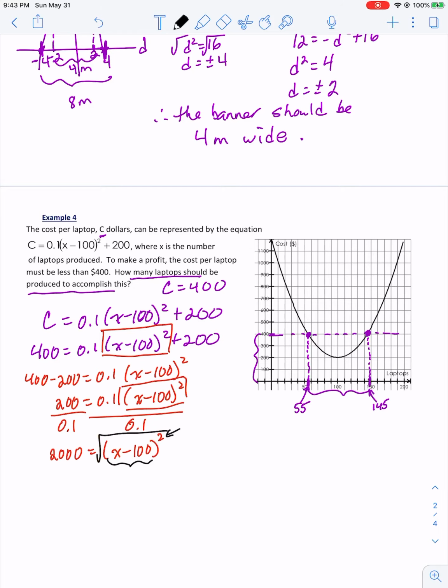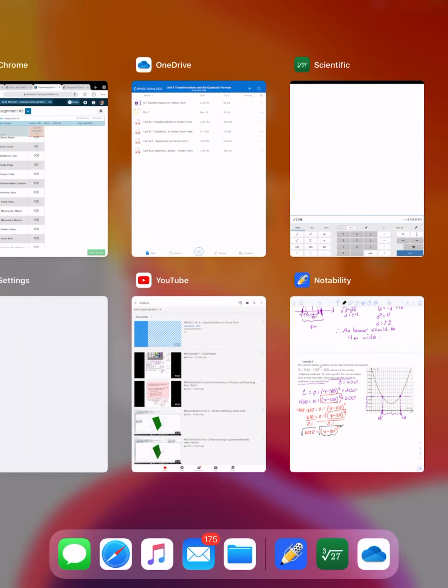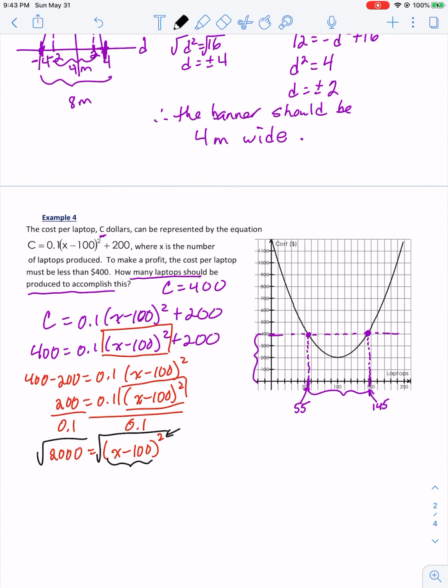So we need to square root both sides. And my handy dandy calculator, what is the square root of 2,000? It's 44.72. So that's plus or minus 44.72 equals x minus 100.